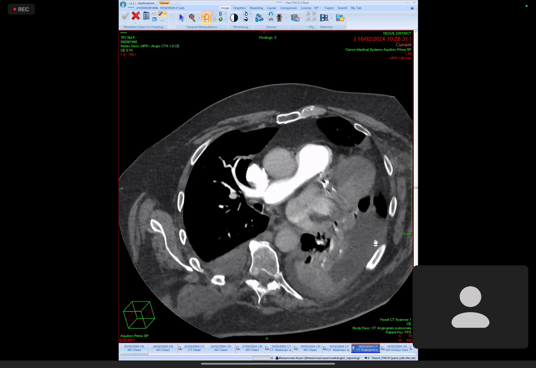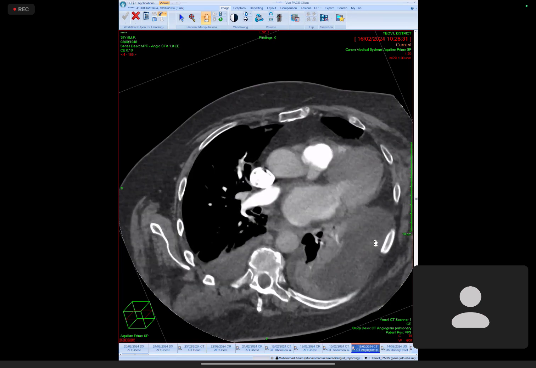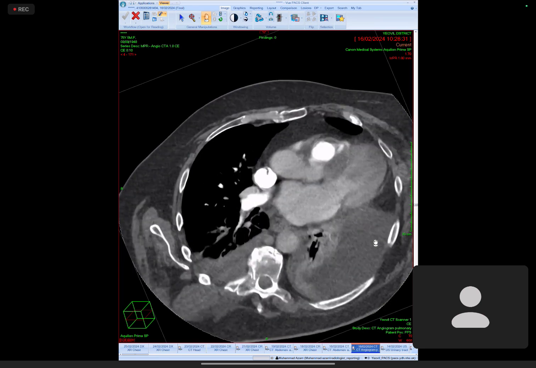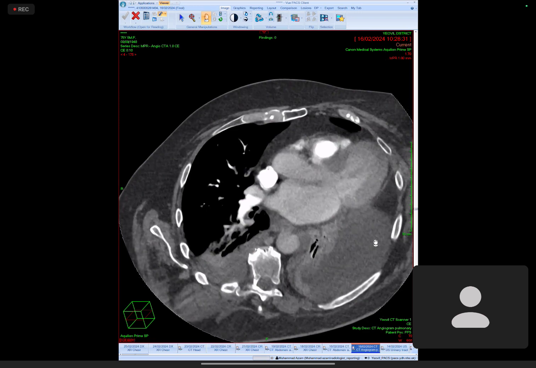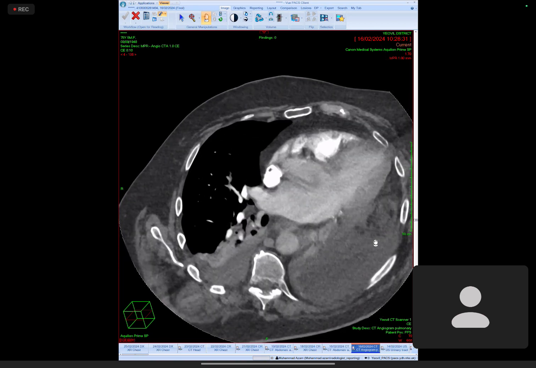The left-sided effusion is associated with basal adjacent lung collapse, which is enhancing. And there is some volume loss on the left side as we're going down, with the heart being shifted towards the left side.